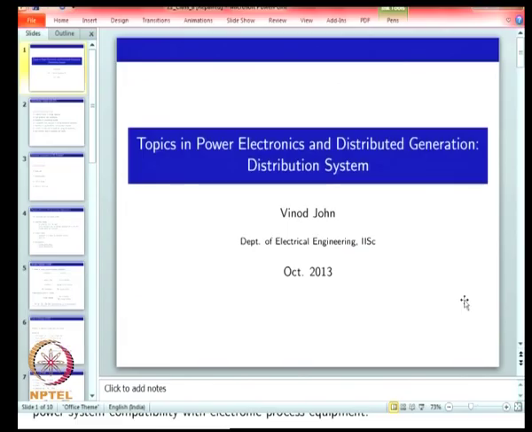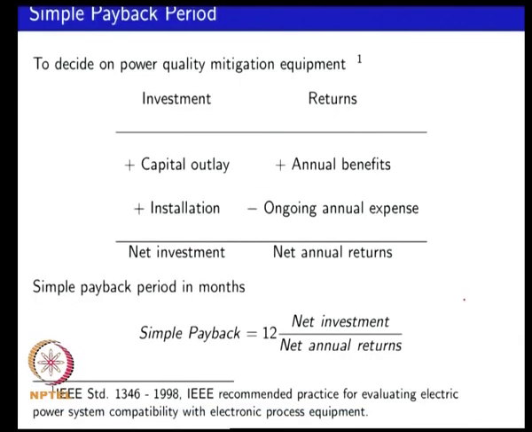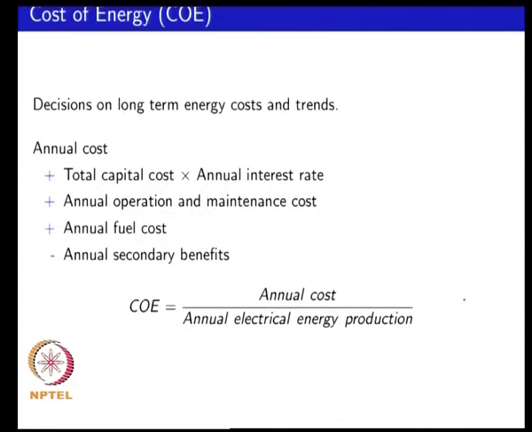Next we will look at the cost of energy exercise, where you are looking at longer term costs and trends in terms of how to actually evaluate whether a DG system may be cost effective or not. Okay.